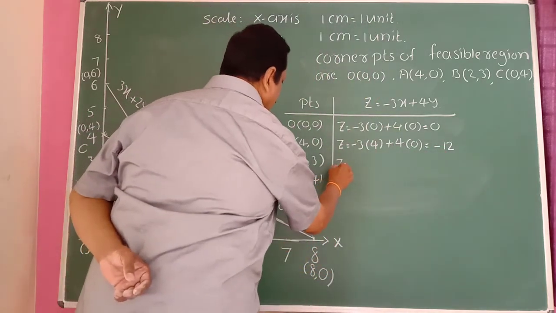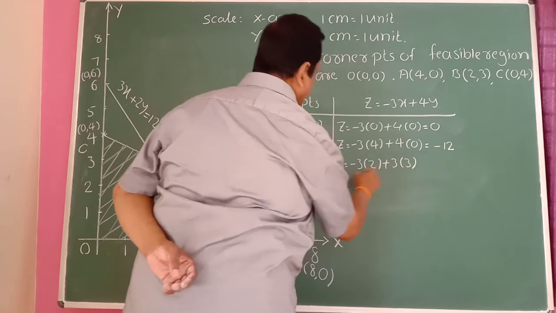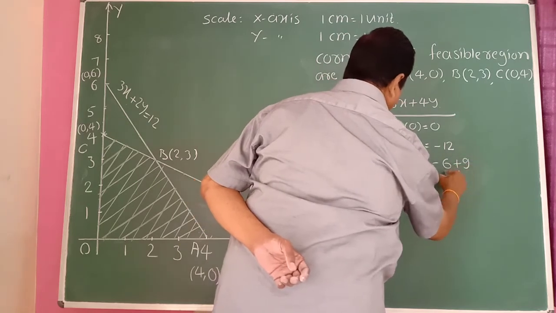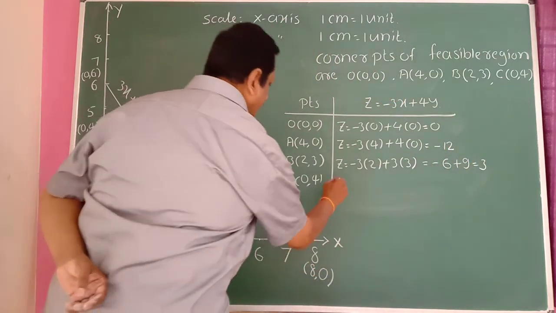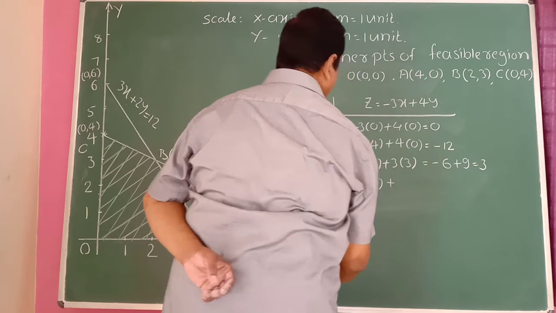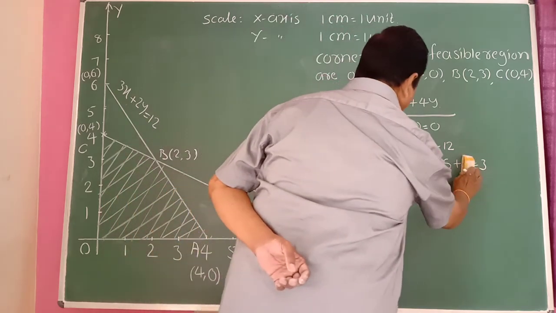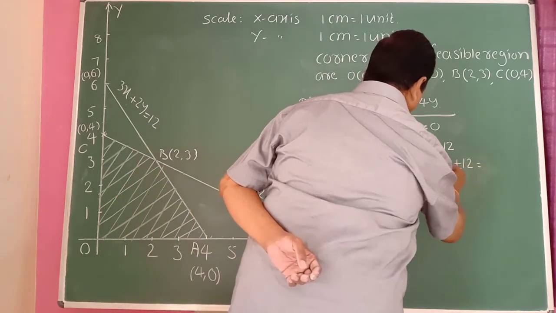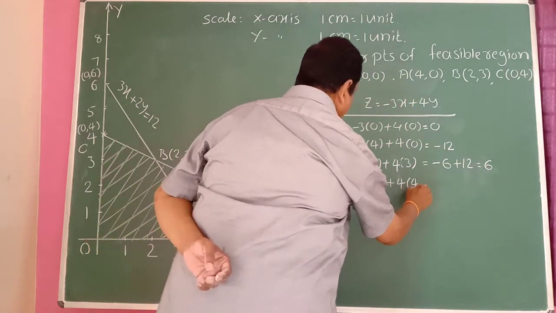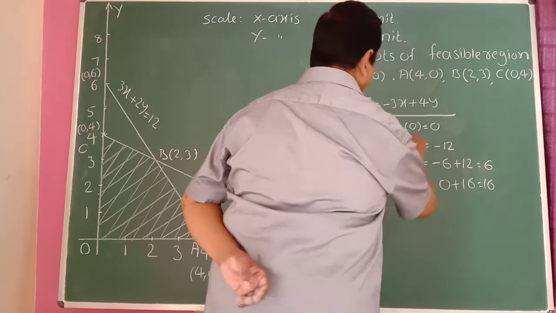Then z is equal to minus 3 into 2 plus 4 into 3. 3 twos are 6, minus 6, and 4 threes are 12, plus 12. 12 minus 6 becomes 6. Then z at 0, 4 is 4 into 4, so 16.